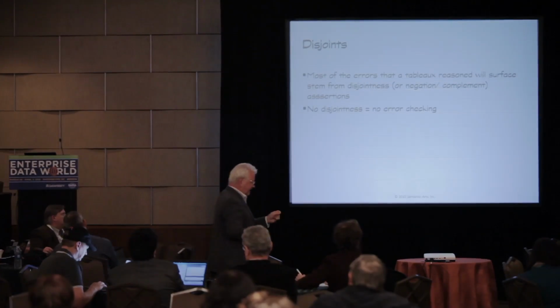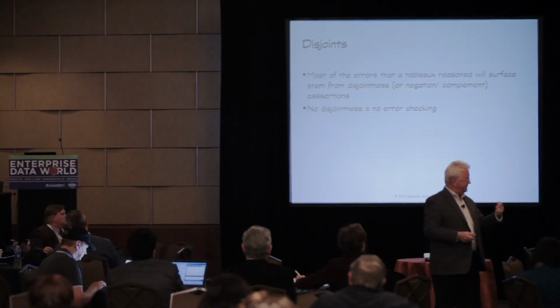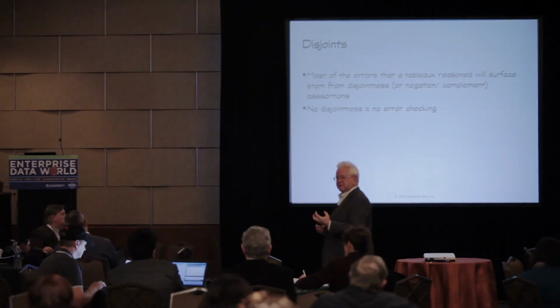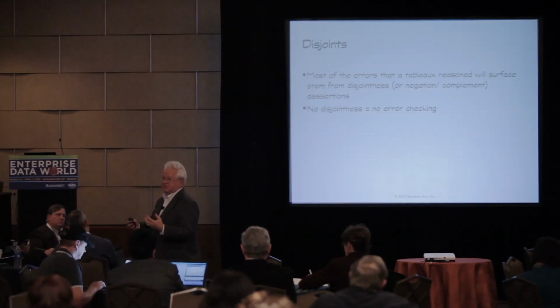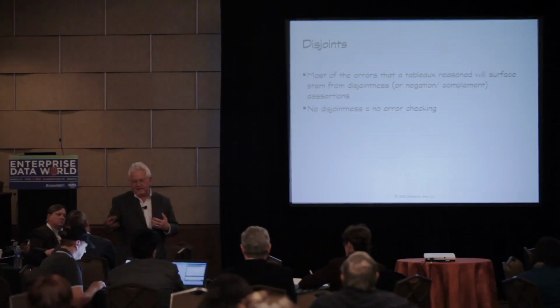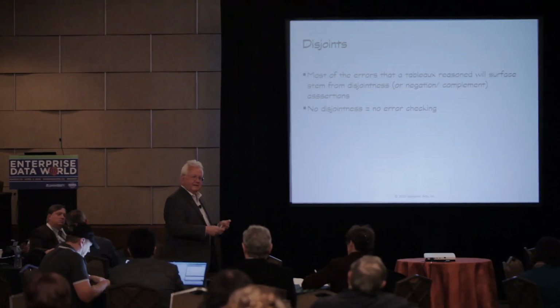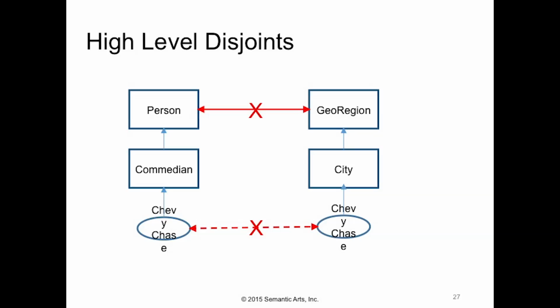However, if you study this a lot, almost all the error detection at this level is because you've introduced disjoint assertions somewhere. Because until the reasoner knows that these two things can't overlap, it doesn't have enough information. It just says, oh yeah, maybe a person could actually be a member of the class of doorstops or whatever it is. You're not going to find that distinction. So probably the easiest thing to do, rather than throwing in hundreds or thousands of disjointness assertions, is very high in your ontology at some of the more top-level classes.